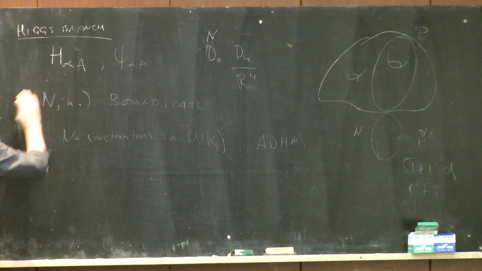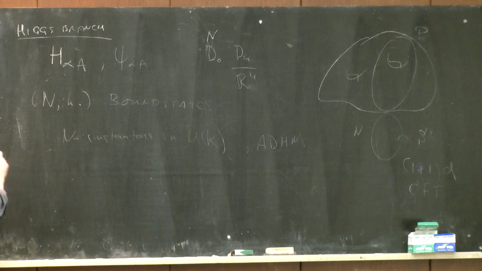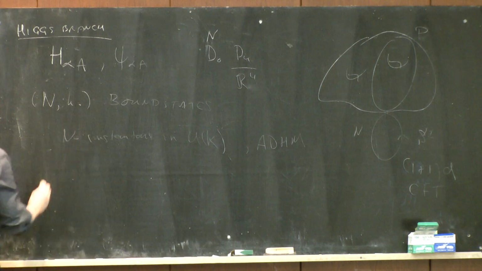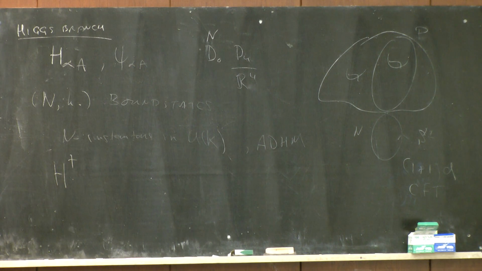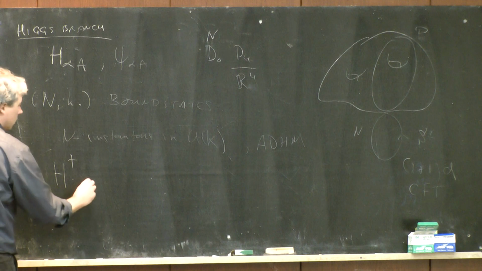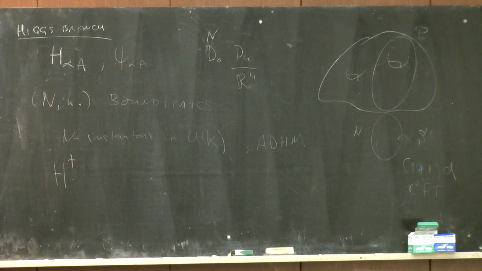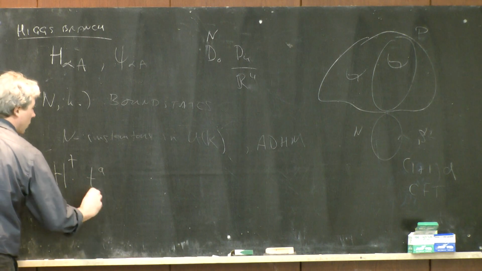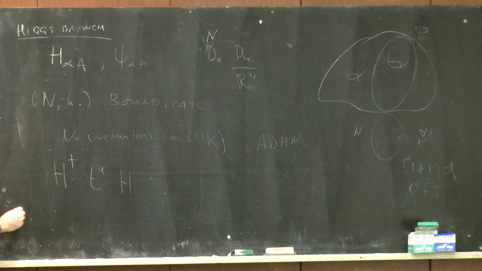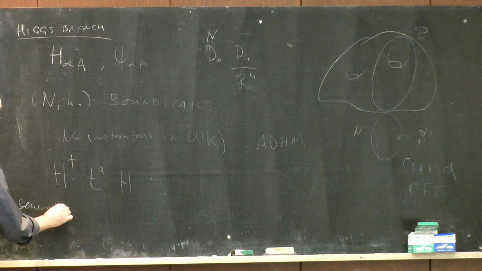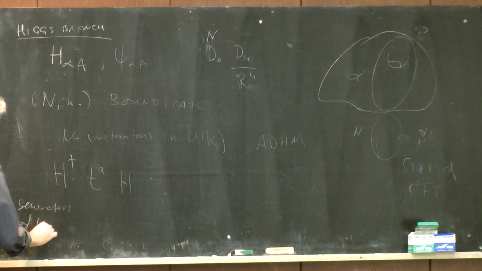So these variables have some generators. Quite generally, I'm going to leave out now the indices. I'm going to think about the variables H, and they're complex fields, complex variables. And they're going to have generators acting on them, which generate a U(n) group. So these T^a are generators of U(n).